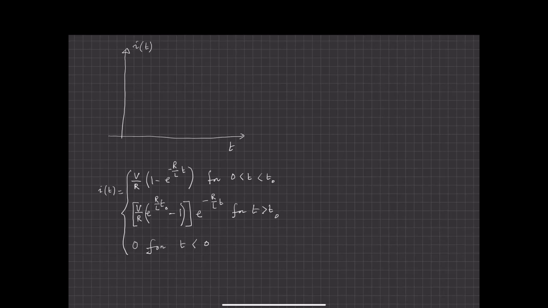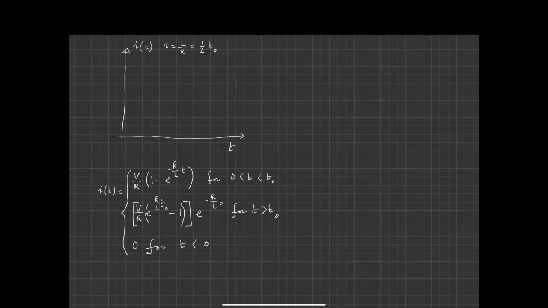For the first case, tau, of course, is L over R. In this case, I want to plot tau to be half t naught. Okay, so I'm going to plot that.